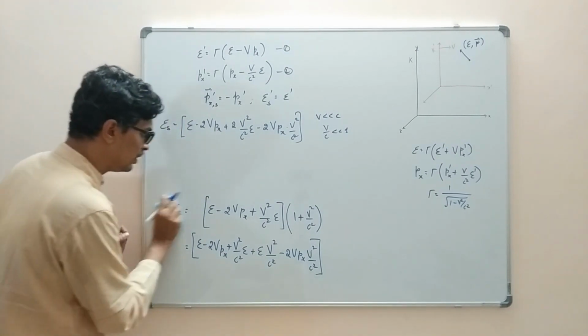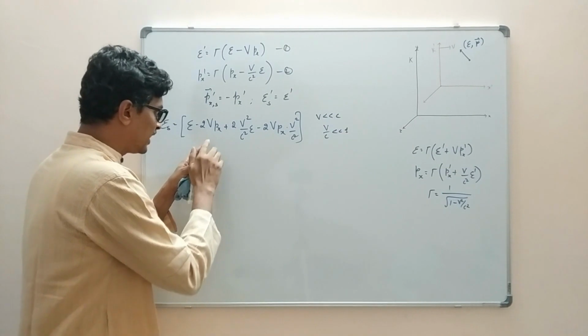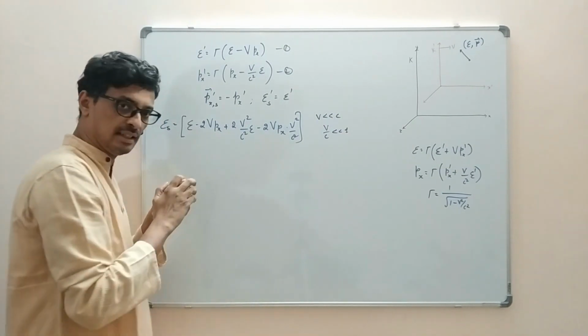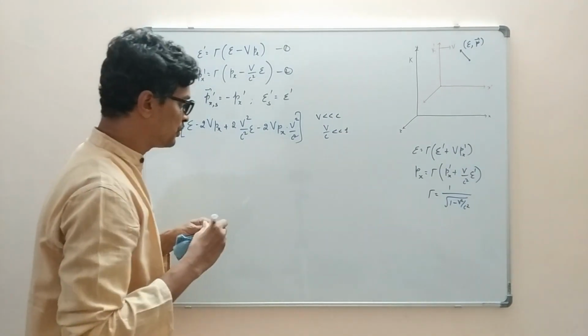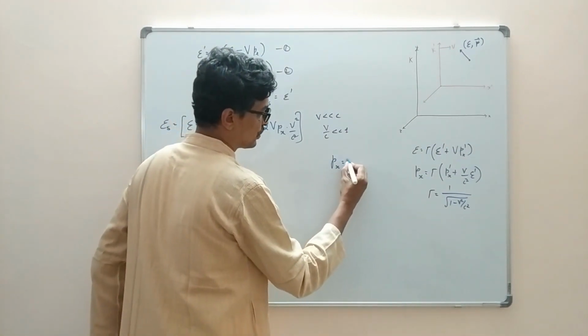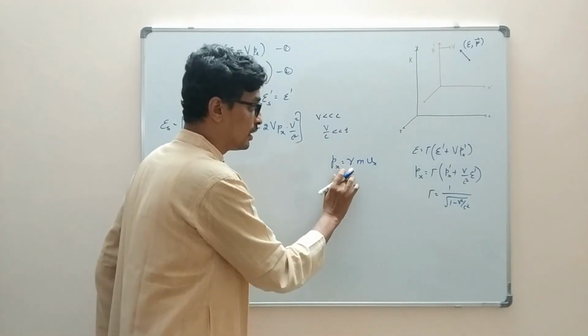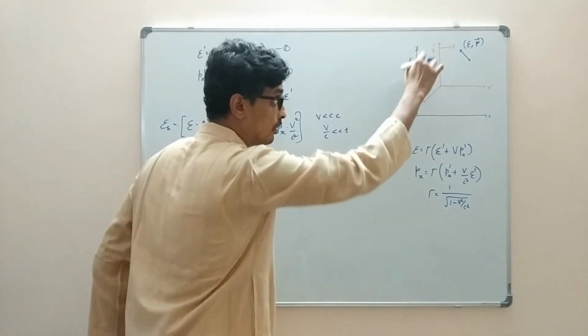So now I can do some further jugglery. We will try to express this P of x in terms of the energy. How we are going to do it? So we know your P of x is equal to gamma m V of x, where this is a small gamma, this is the gamma of the particle, not of the frame.